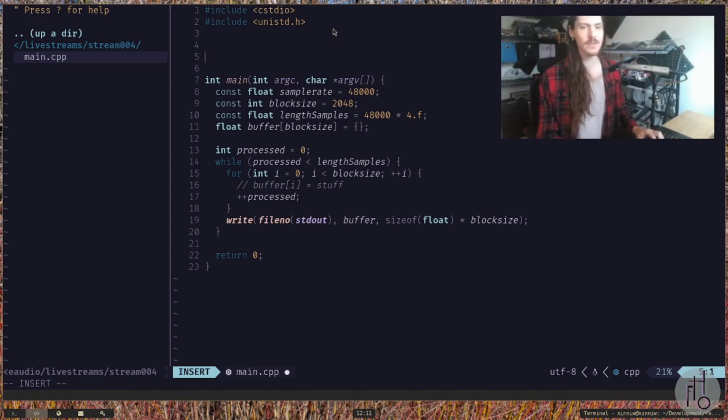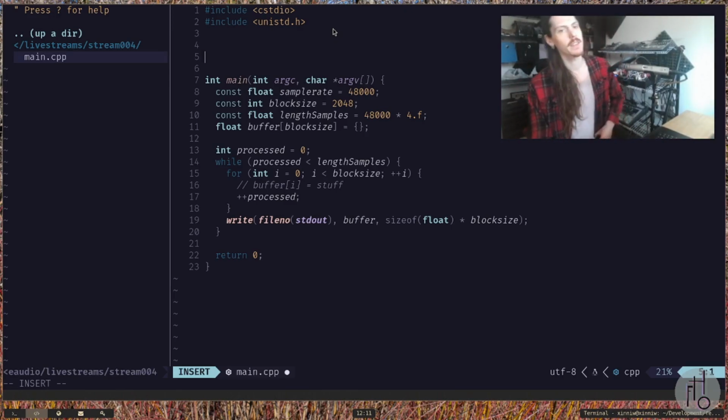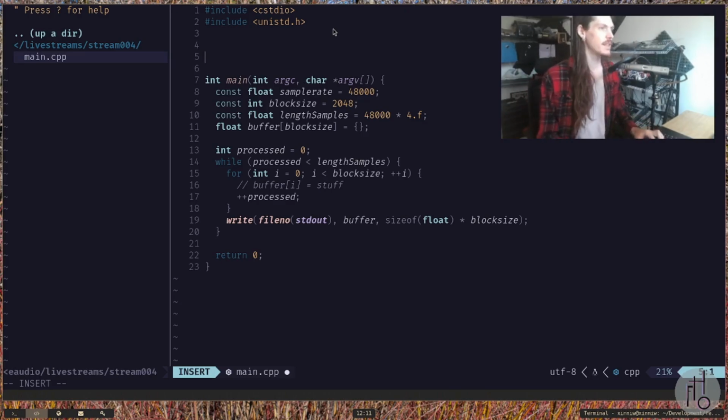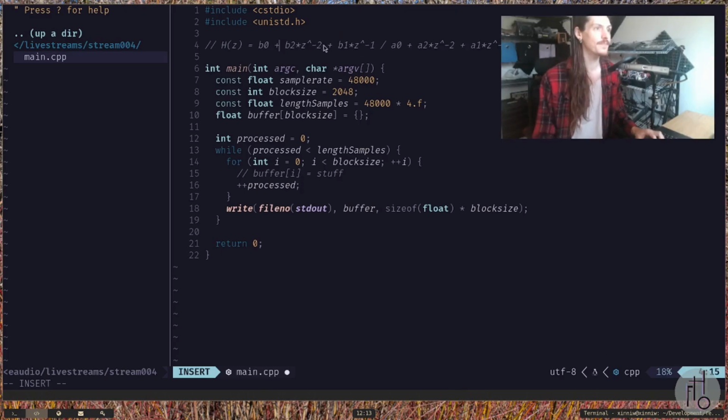I think most of the filters that I'm interested in emulating, we can do with what's called a biquad filter. And a biquad filter is a filter whose transfer function looks like this. You have a quadratic polynomial in the top and the bottom.